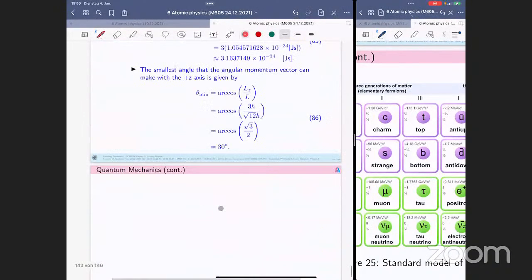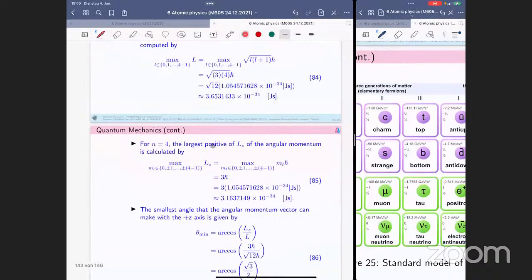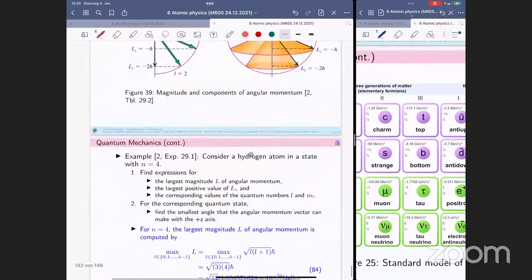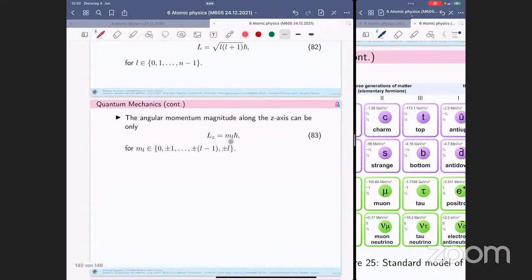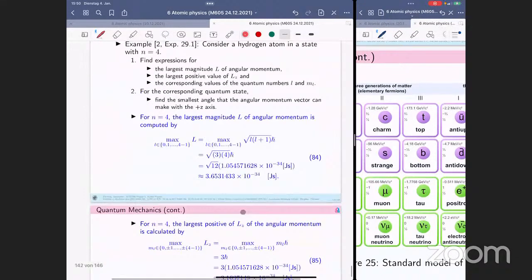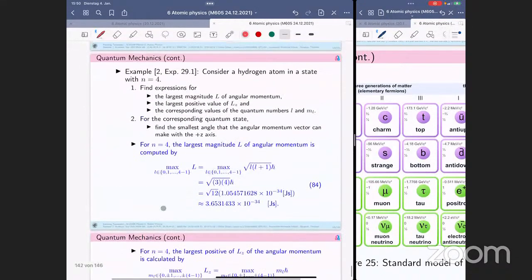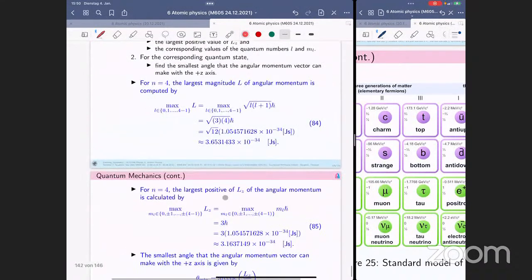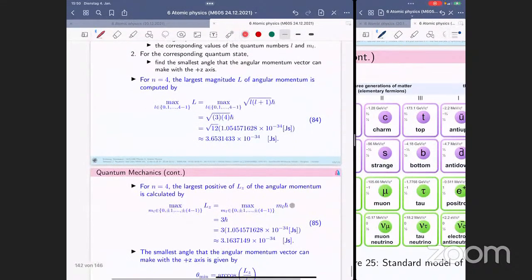For the largest positive Lz, that's the angular momentum along the z-axis, we have to maximize. ml goes 0, plus 1, minus 1, plus 2, minus 2, plus 3, minus 3, so there are 2l plus 1 cases.